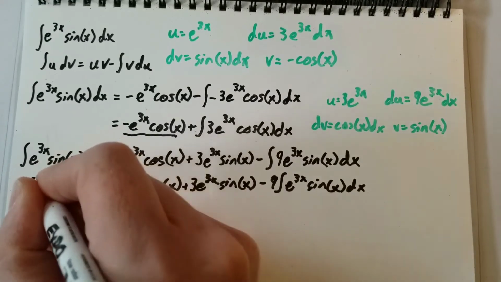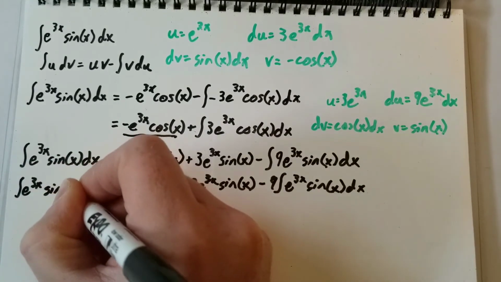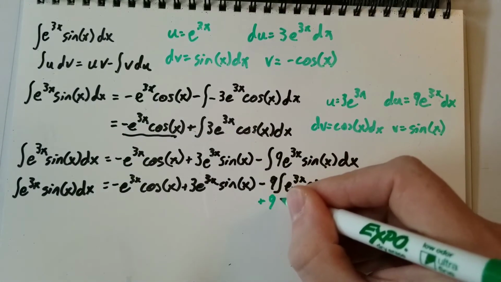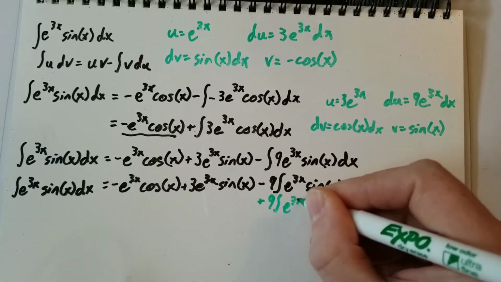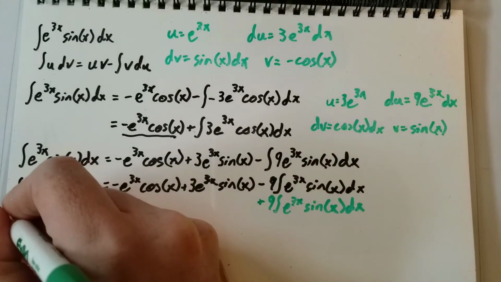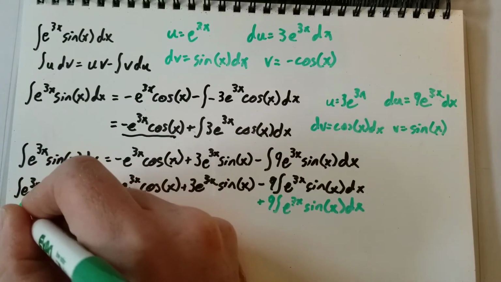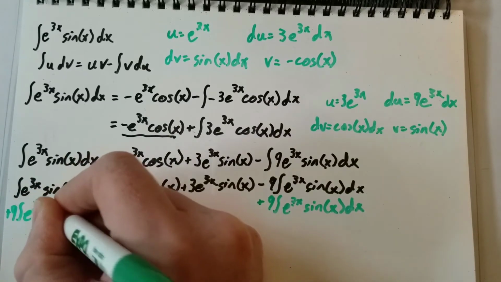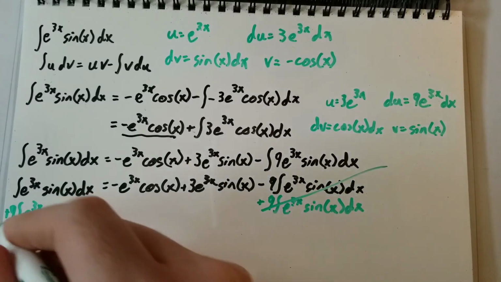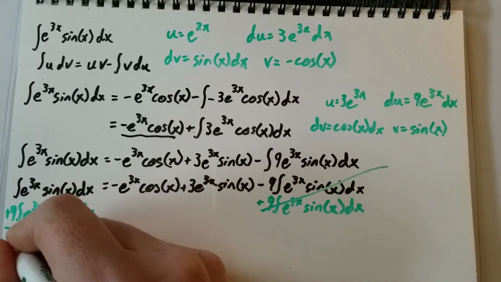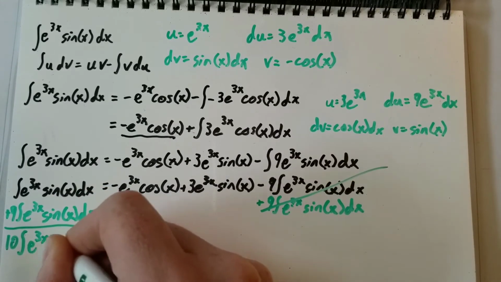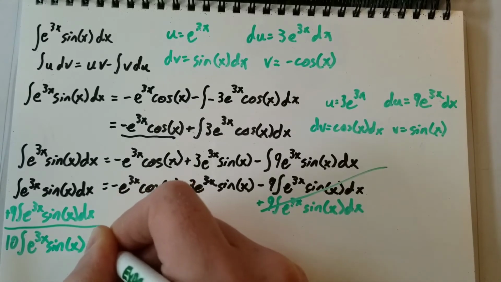We're going to add 9 times the integral of e to the 3x sine x dx to this side, and add it over here as well. And we notice on this side it cancels out, and on this side we end up with 10 times the integral of e to the 3x sine x dx.